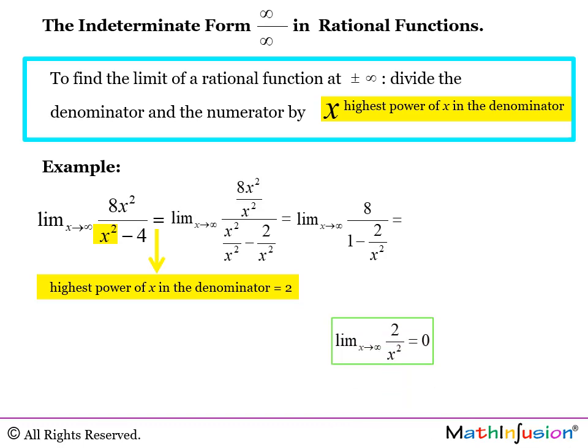Now I would like to recall that we already know that a constant number over x to the power of 2 when x approaches infinity is 0. So this guy is approaching 0, and we get 8 over 1 minus 0, which is 8.